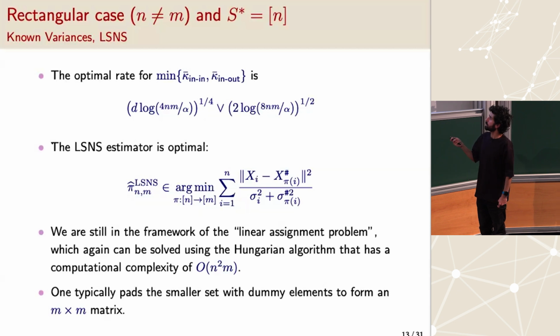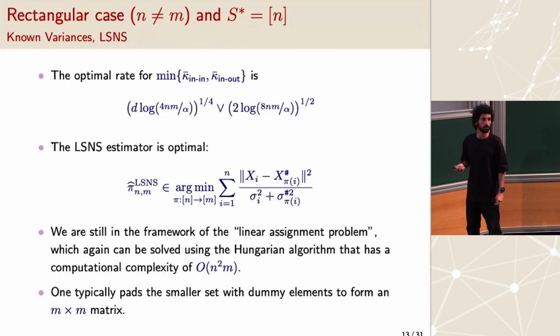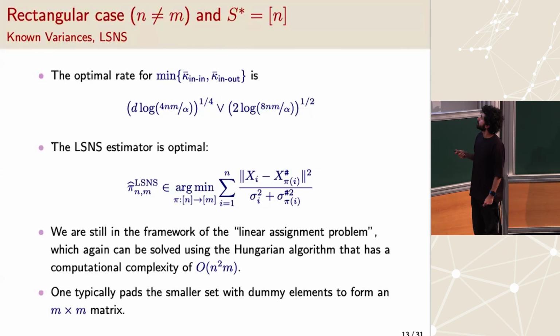Typically this is done by padding the smaller set with zeros or some very large values to complete the matrix, and then we find the permutation in this matrix using the Hungarian algorithm. Okay, so far so good.